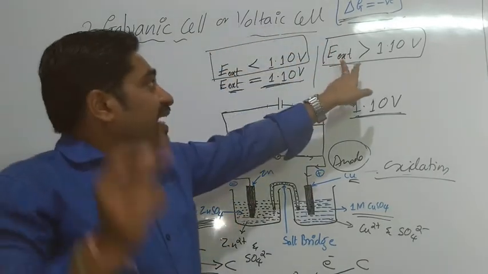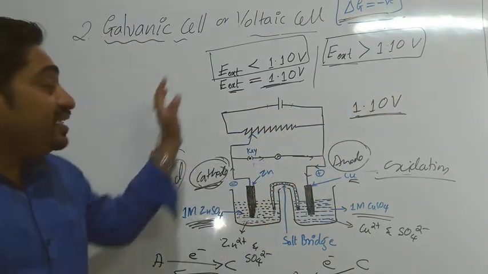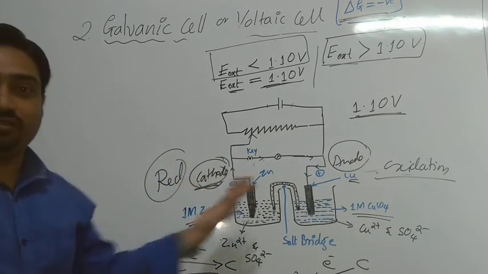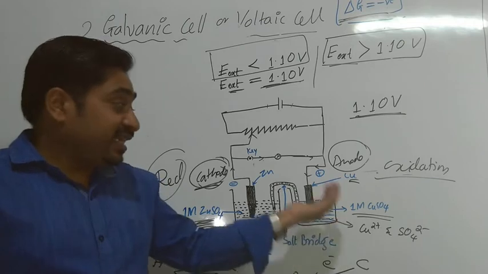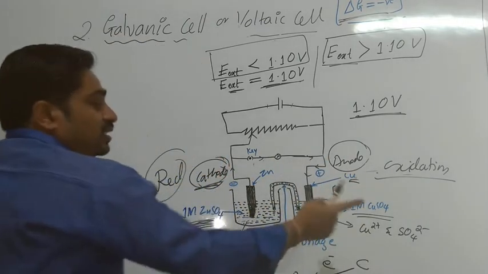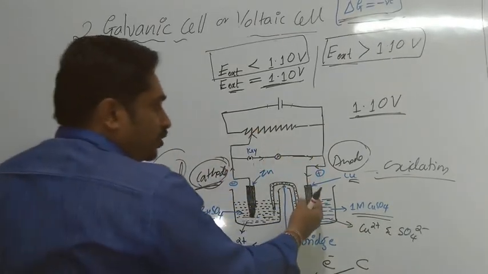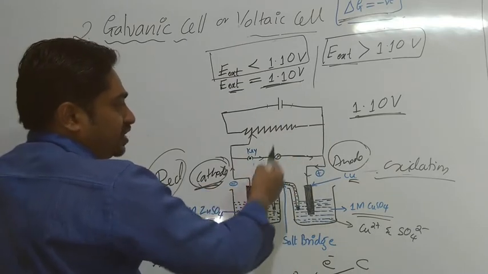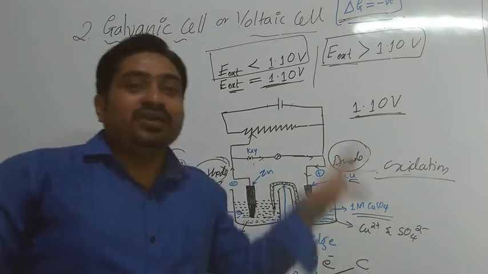If the added external potential is greater than 1.10 volt, the spontaneous chemical reaction is reversed, meaning the non-spontaneous chemical reaction takes place in the cell. That non-spontaneous chemical reaction is the oxidation of copper in the presence of zinc. As the cell carries out a non-spontaneous chemical reaction, it is said to be an electrolytic cell. It is no more a galvanic cell.